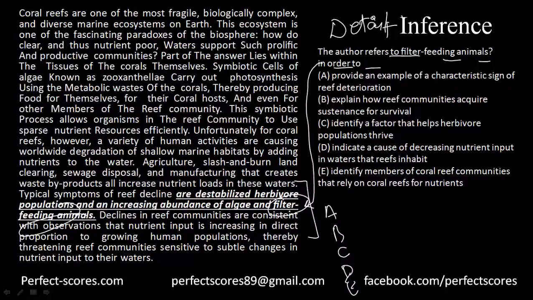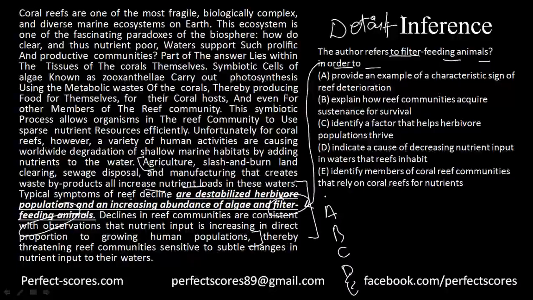Now when you get a reference like this, it's better to read a little above, a little below. So let's start reading from here till here. So it says agriculture, land clearing, disposal, manufacturing, waste byproducts, increased nutrient loads. Typical symptoms of reef decline are destabilized herbivore populations, increasing abundance of algae and filter feeding animals.